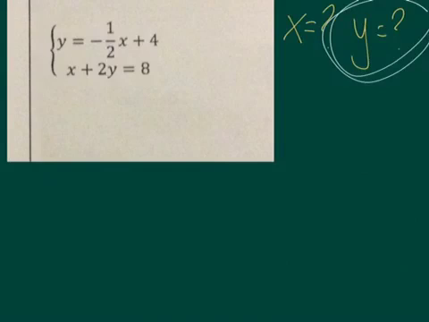So you should be taking negative 1/2 x plus 4 and putting it in where you see y. That's x plus 2 parentheses negative 1/2 x plus 4 equals 8. Okay, finish this, distribute, and see what you get. Pause the video, resume once you are finished.